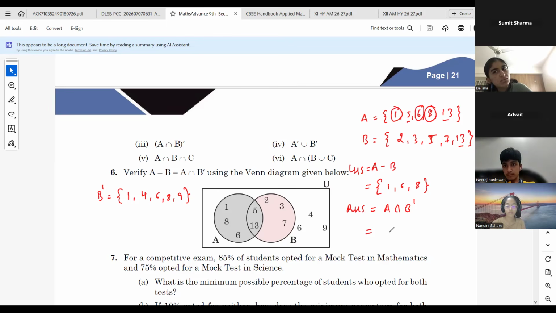So yeah, 1, 6, and 8. And you can see that LHS is equal to RHS now. So we have proved that these two relations are equal. A minus B is equal to A intersection B complement, right? So this is how we can prove these formulas. I hope it's clear to everyone.